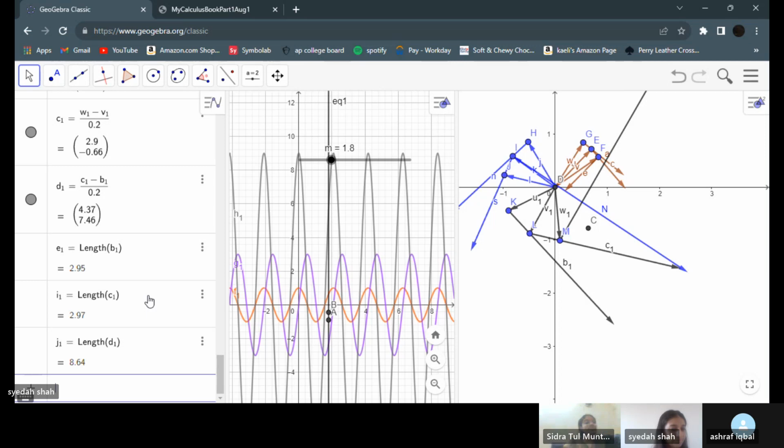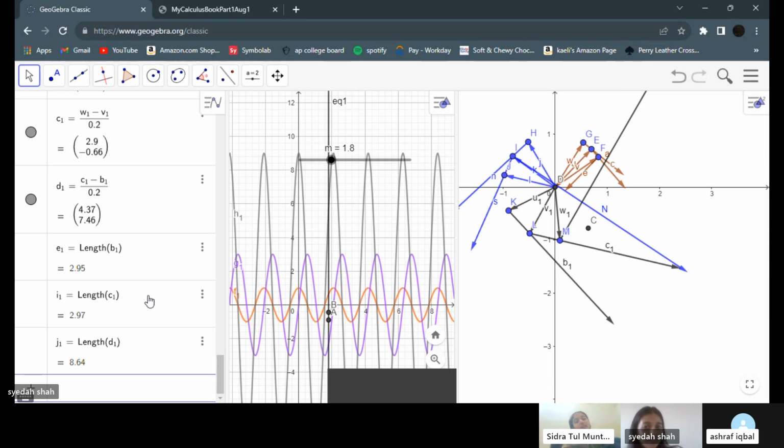Yes, very good. Now you can think that there is a connection between these waves, time, and our circle.